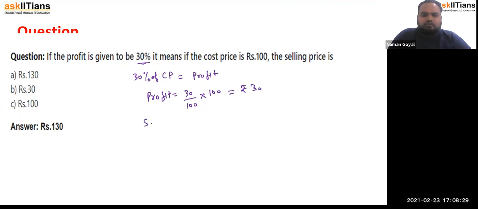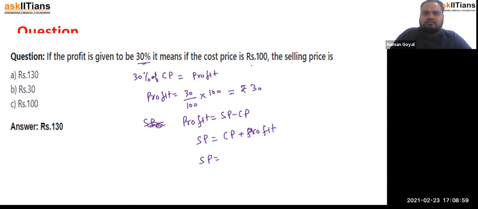So as I told you in previous questions, see, the basic idea is profit is nothing but SP minus CP. So SP can be written as CP plus profit. The question is asking for SP.